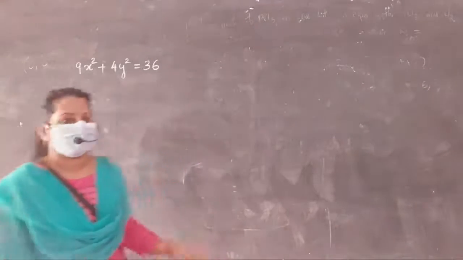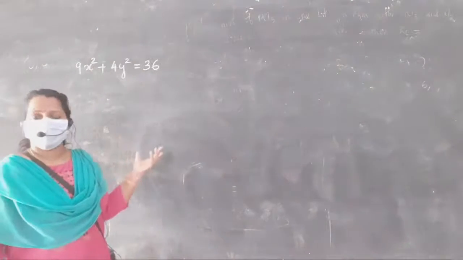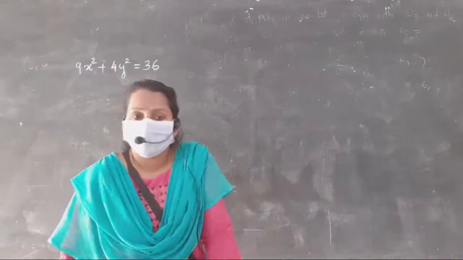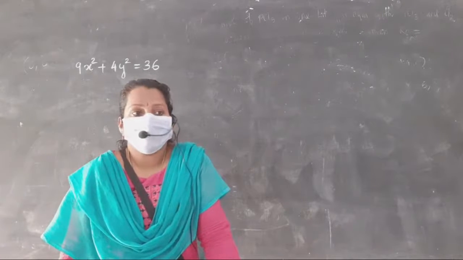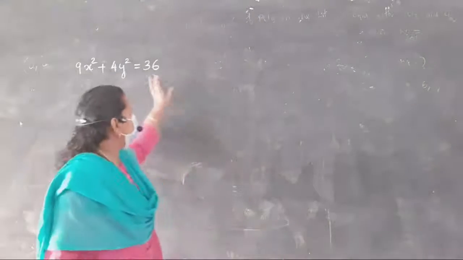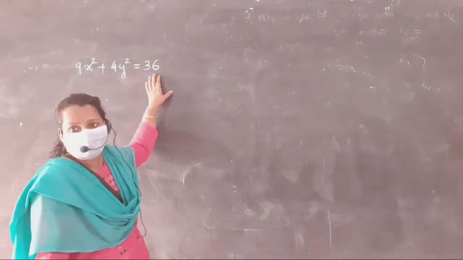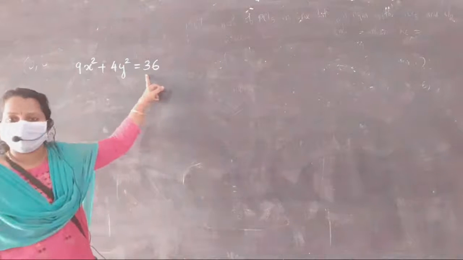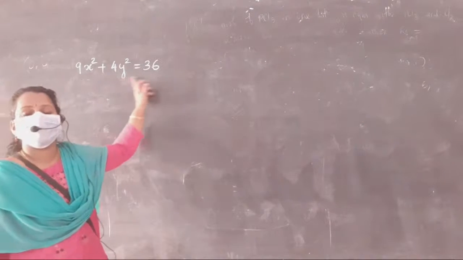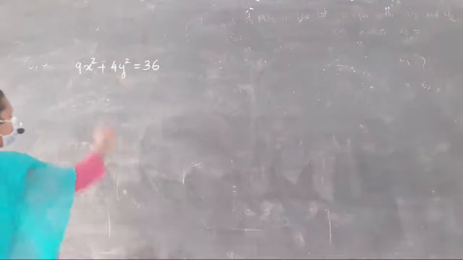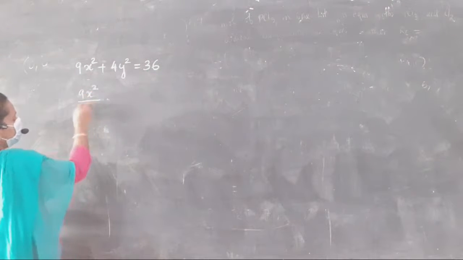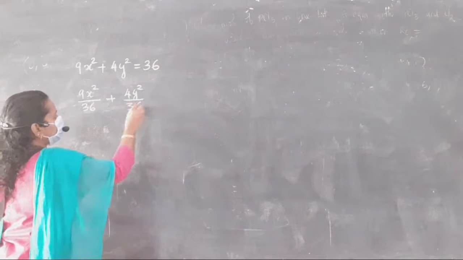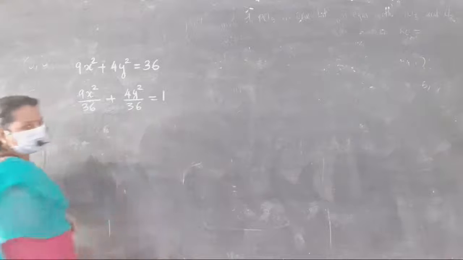സ്റ്റാൻഡേർഡ് ഫോമിലേക്ക് കൺവേർട്ട് ചെയ്യാം. There is standard form x square by a square plus y square by b square equal to 1 or x square by b square plus y square by a square equal to 1. That is, on the right side the constant is 1. Dividing throughout by 36 we get 9x square by 36 plus 4y square by 36 equal to 36 by 36, 1.